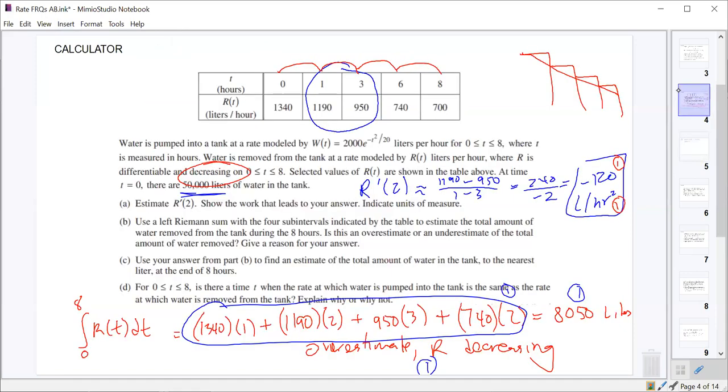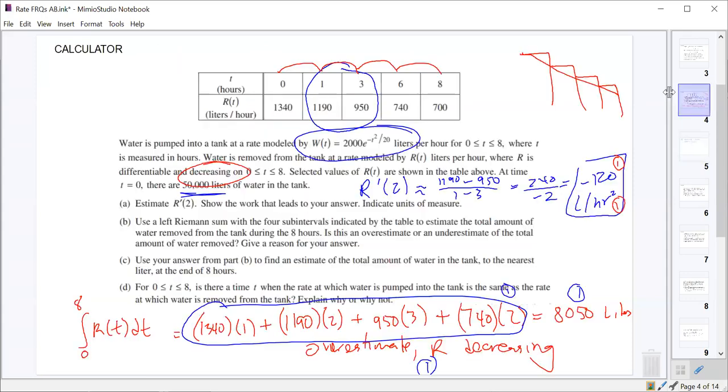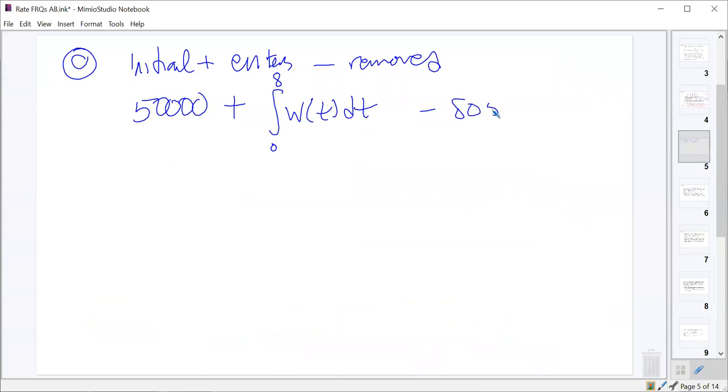The amount that enters is the integral from 0 to 8 of W of t, because we're talking about that interval. I'm not going to write out the whole function. And the amount removed is 8,050. We'll just use a calculator to evaluate that integral, and to the nearest liter it came out to be 49,786.